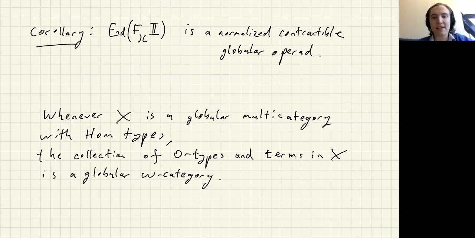And so whenever X is a globular multicategory with homomorphism types, the collection of types and terms of that form that I was drawing in X is always, I don't know why I put globular there, a weak omega category. So that's our external result. And we would expect probably a few more, organizing the collection of profunctors and so on, but I don't go into that in the paper.